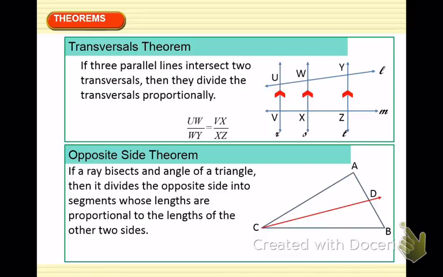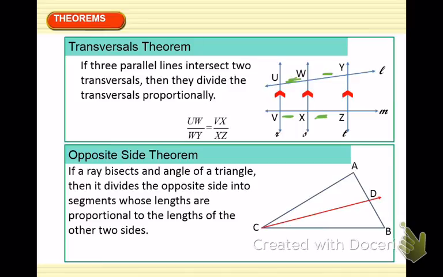For example, it creates these pieces, line L and line M, being intersected by line UV, line WX, line YZ, or line RS and T, divides up segments UW, WY, VX, and XZ.